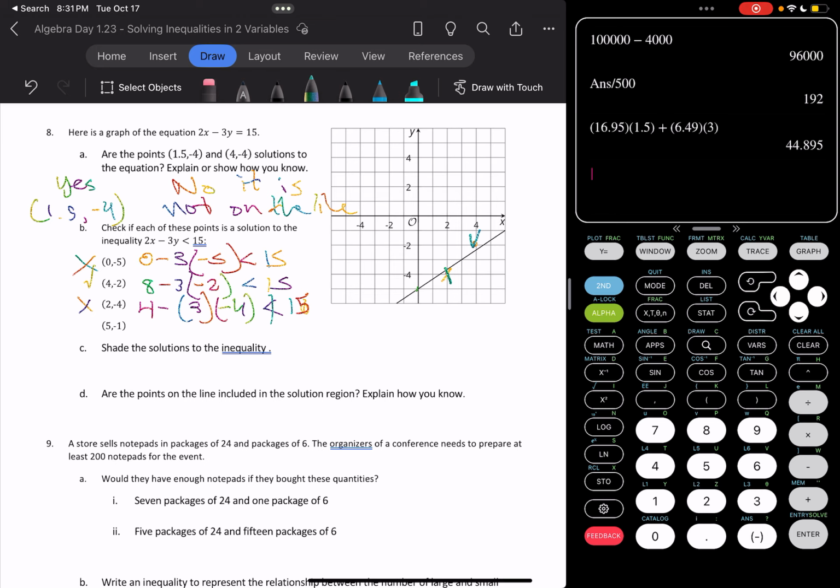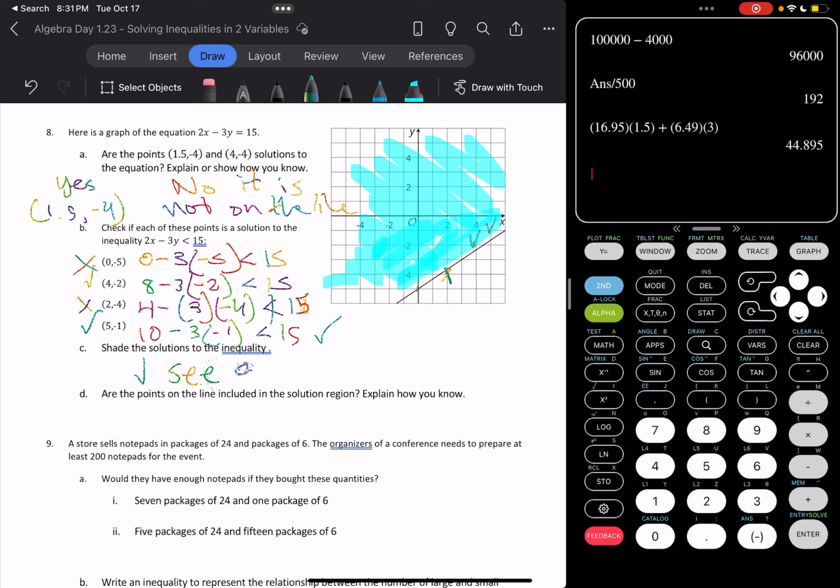And then 5 comma negative 1. 5 times 2 is 10, minus 3 times negative 1 is going to be 13, which is less than 15. Check, that does work. So 5 comma negative 1, which is here, is a check. That helps me to know that I'm going to shade this side of the line. There we go. So we shade this side for the inequality.